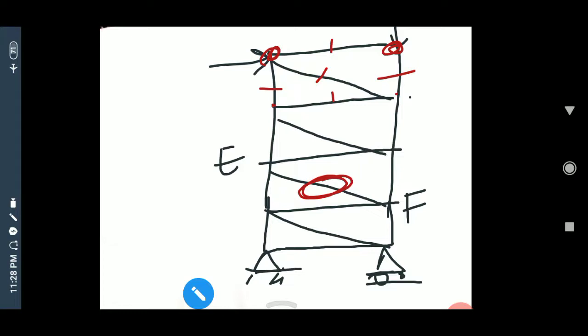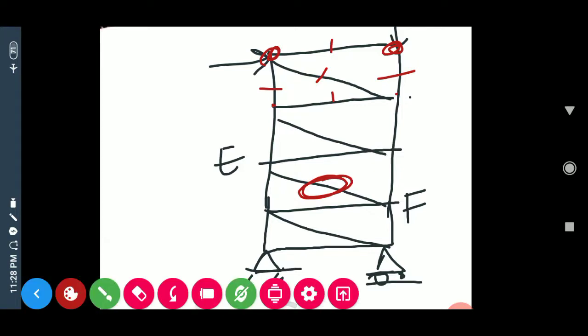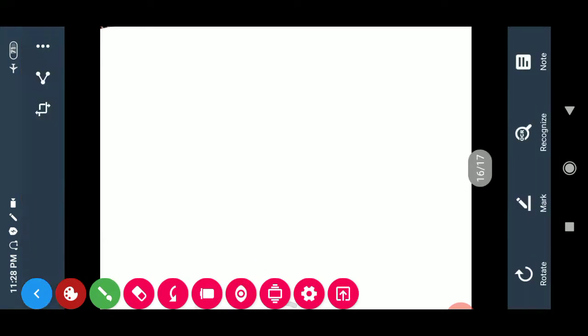How to use method of sections? Okay, there are a few steps.